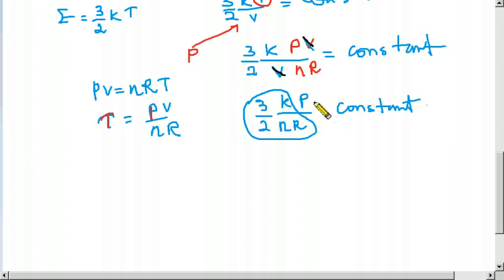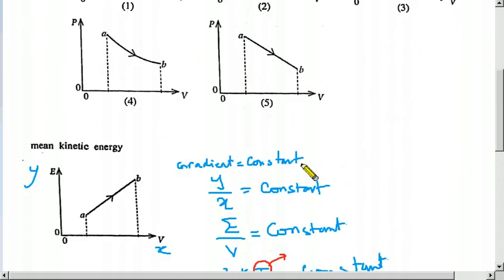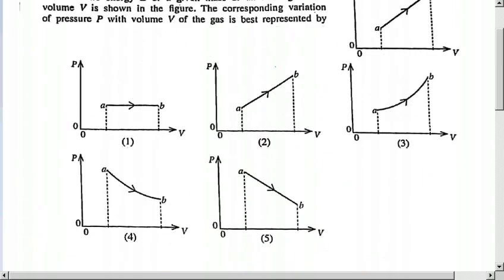Because the right side is constant, the left side must be constant altogether. So P must be constant, otherwise how can all these things equal a constant? So from these graphs we have to choose where P is constant. Here the pressure is constant even though the volume changes. So this one is the answer.